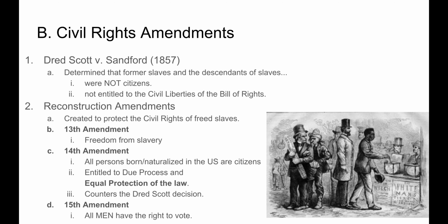And what it does then is it sets up that it doesn't matter who you're descended from. If you were born in America, if your family are citizens, you are a citizen. So it makes all those individuals who are descendants of slaves now citizens.